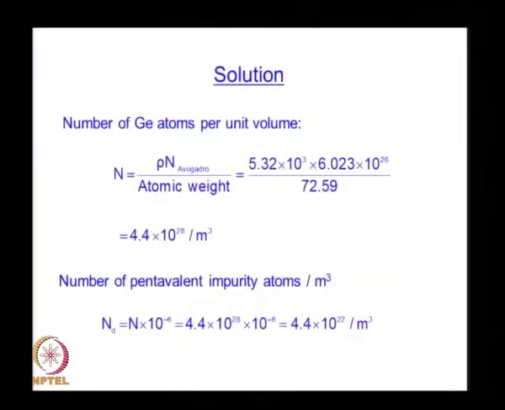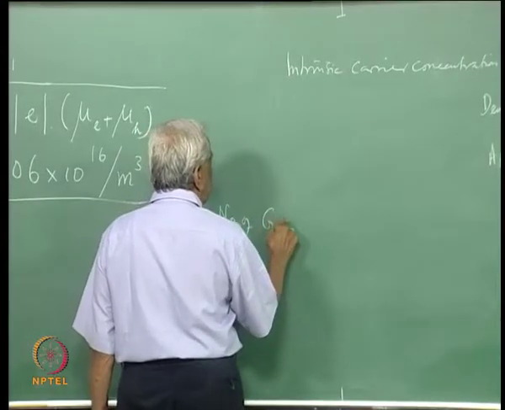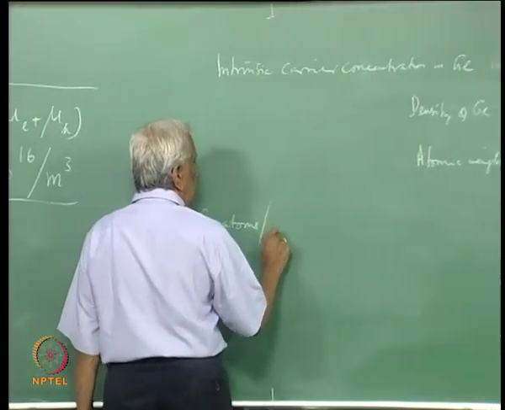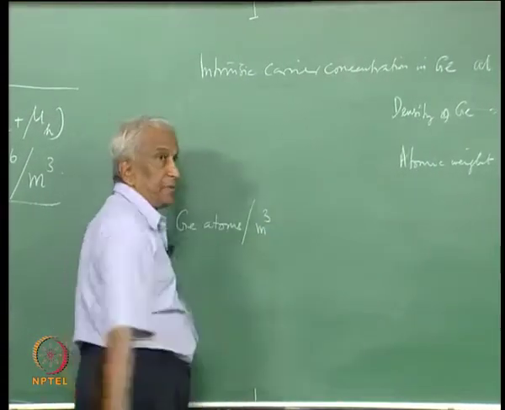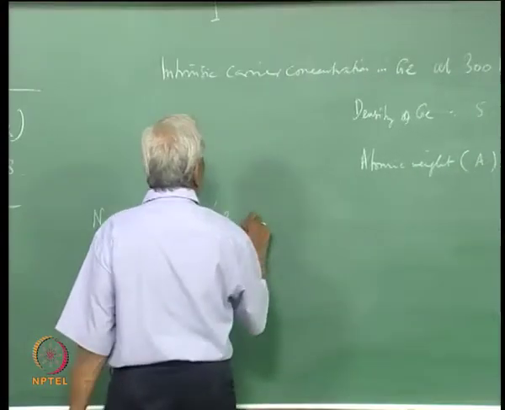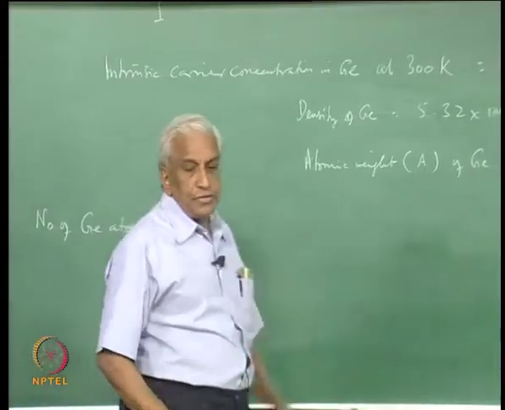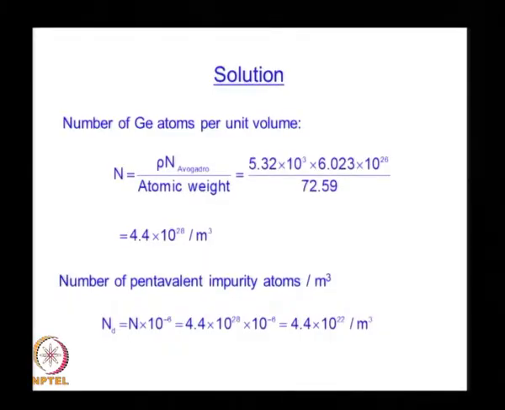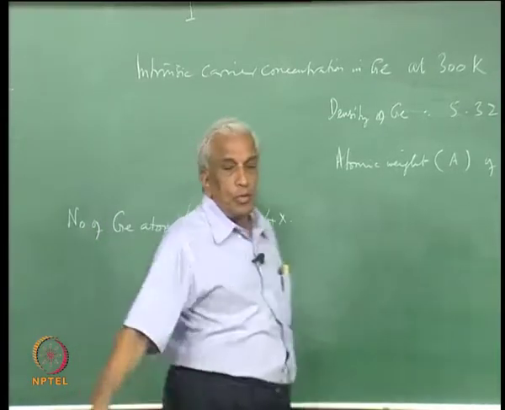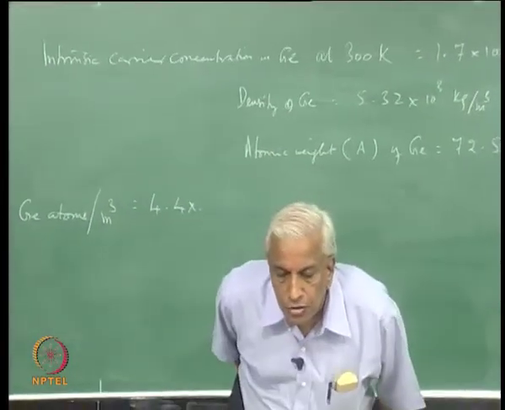So, the number of germanium atoms per unit volume can be calculated using Avogadro number, the density and the atomic weight as 4.4 into 10 to the power 28.